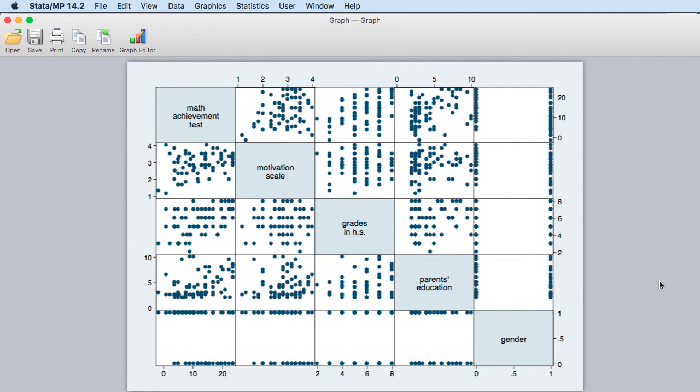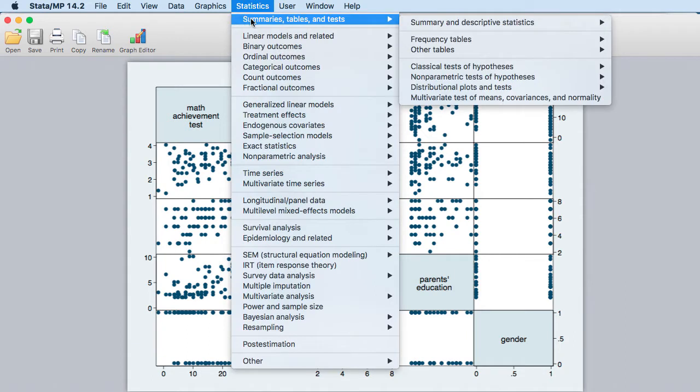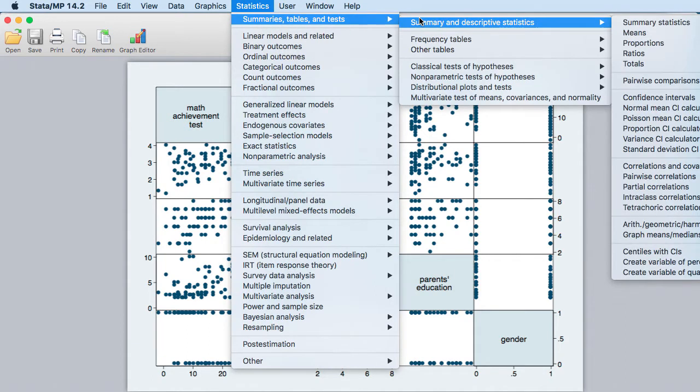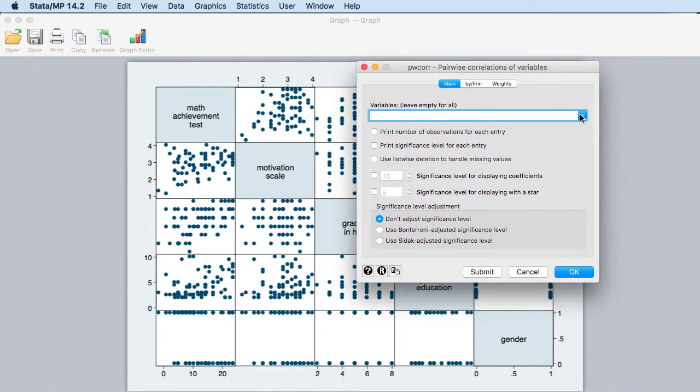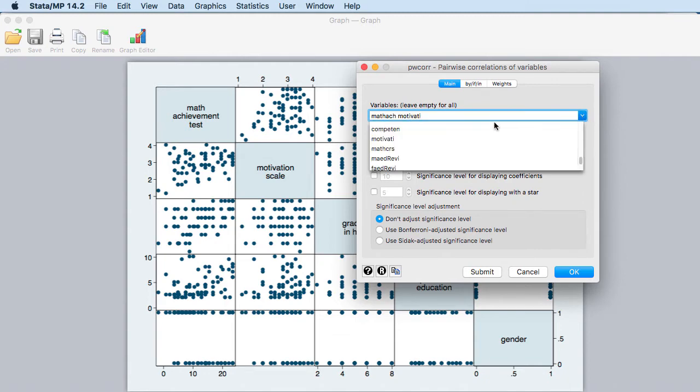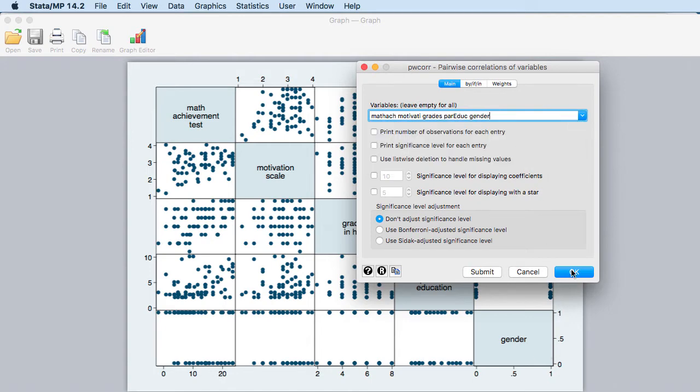We're going to go ahead and look at the relationships more precisely. If we go to Statistics, Summary tables and tests, Summary and descriptive statistics, and go to Pairwise correlations, we can get the actual correlations between math achievement, motivation, grades in high school, parents' education, and gender.